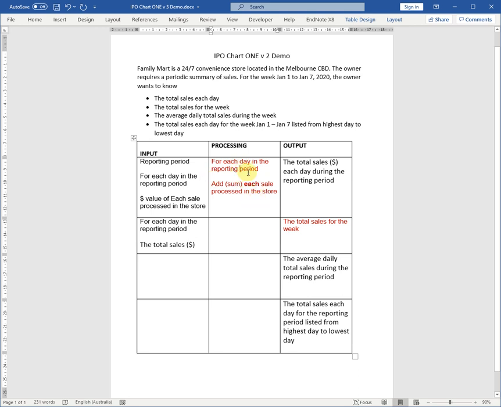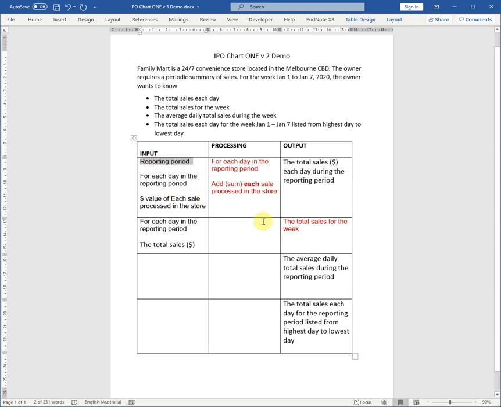Now if we have a look here, reporting period is an input, so it's basically like a function to say x plus y equals blah, right? So x in this function is the reporting period, and you notice reporting period is an input, right?